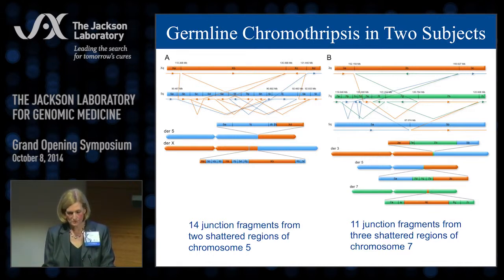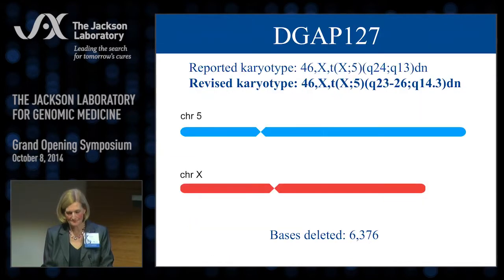So just to show you, this reminds me to tell you that almost every time when we sequence the rearrangements to nucleotide level, we end up revising the karyotype. Perhaps that's not a big surprise. I think that cytogeneticists have done a great job over decades of looking down from the 30,000 mile high range and trying to assign a breakpoint, but in fact it's just impossible.